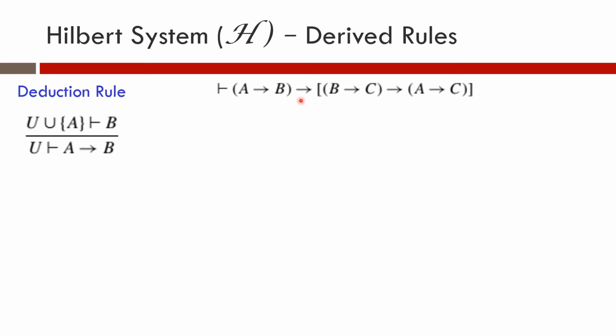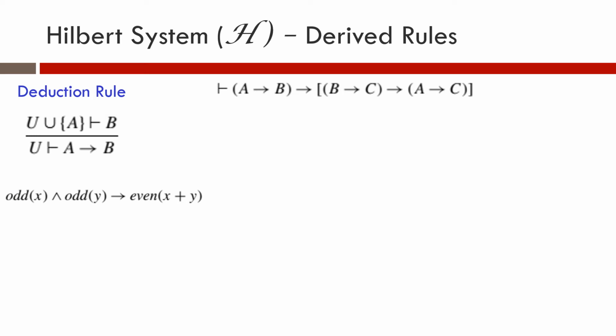To start the proof, we need some formulas in the set of assumptions. One most commonly used deduction is, suppose we have two odd numbers x and y. The sum of two odd numbers will always be even, right?